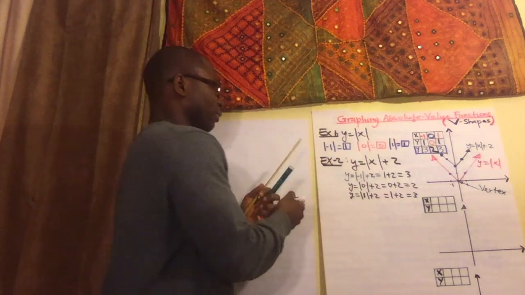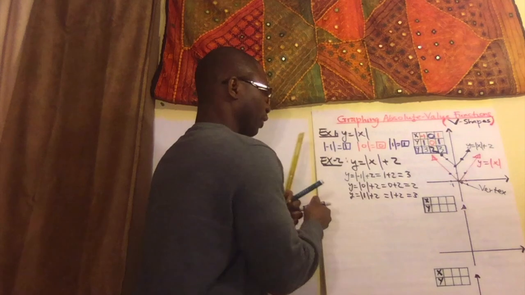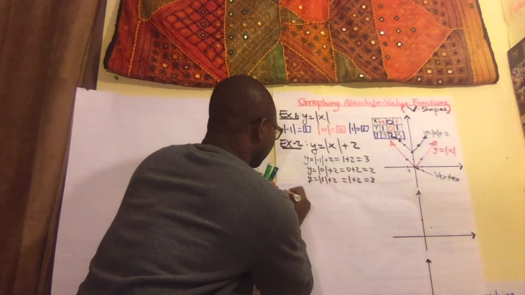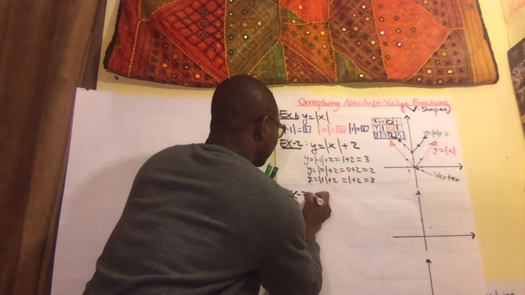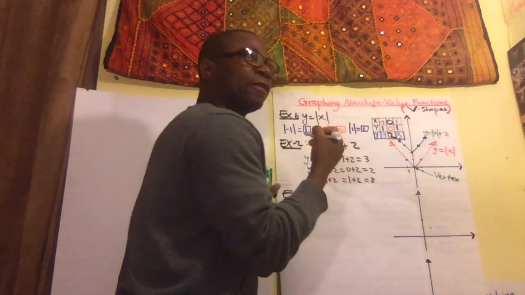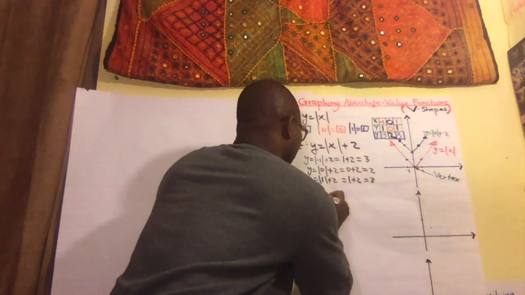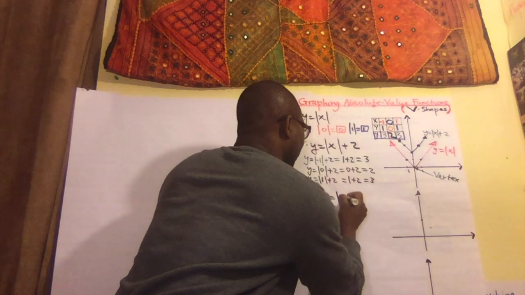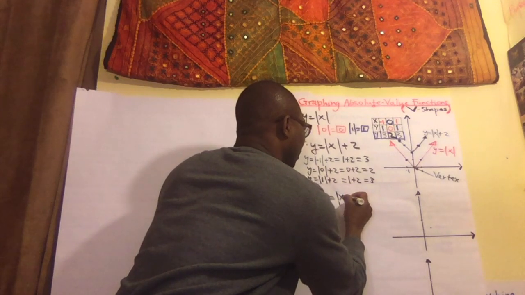Okay, so let's see. Let's have another example. So example 3. Say y equal to absolute value of x minus 2.